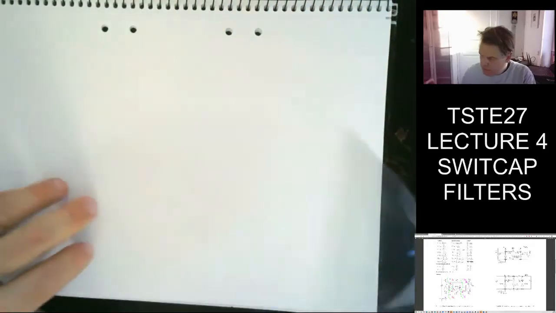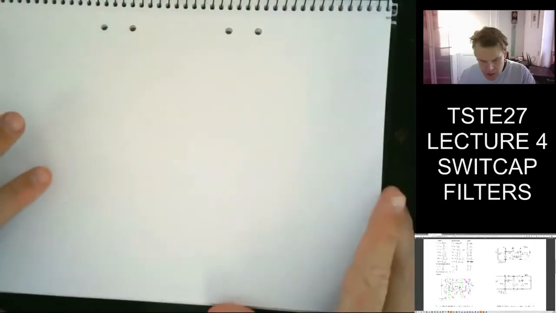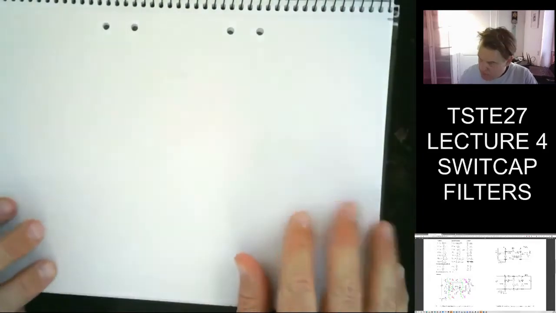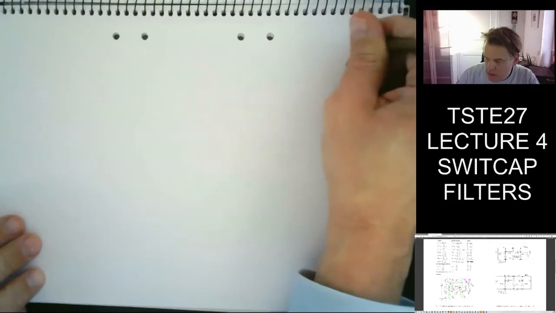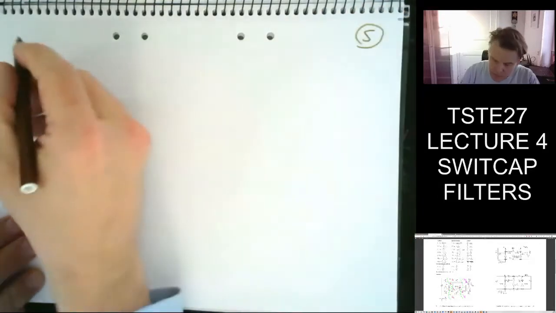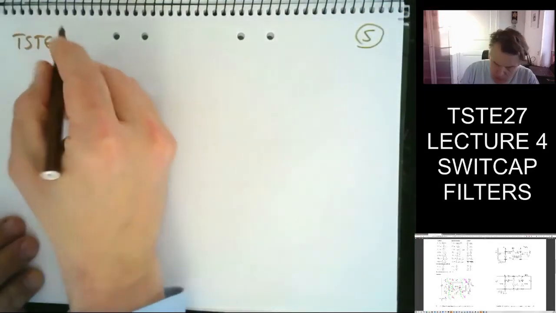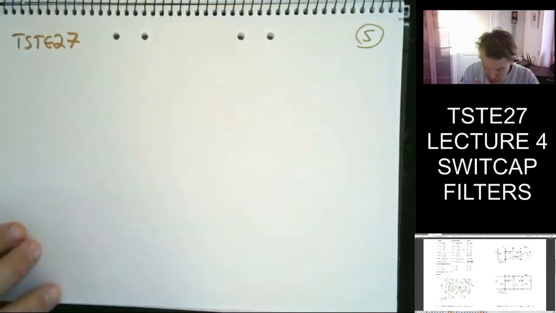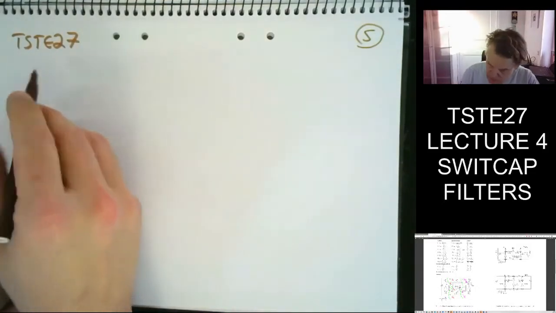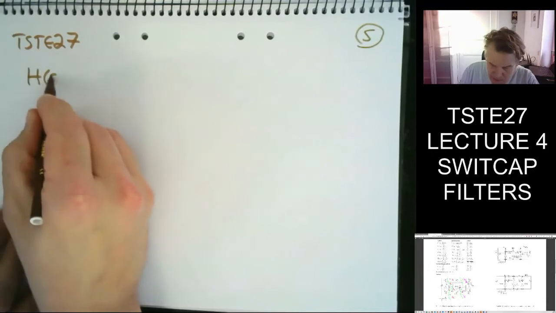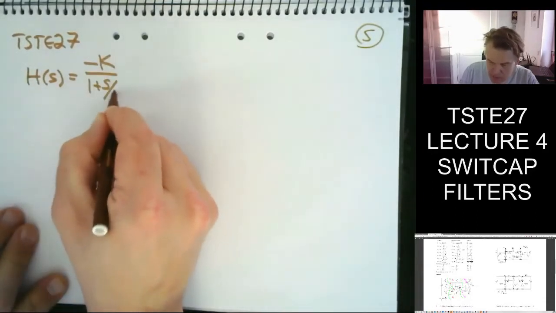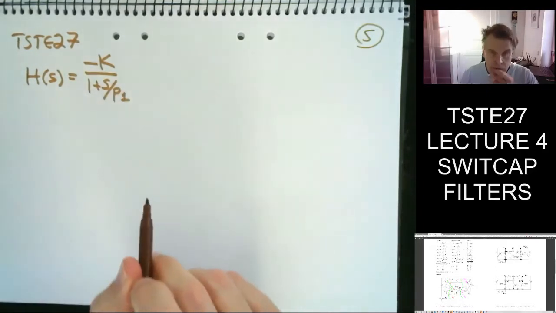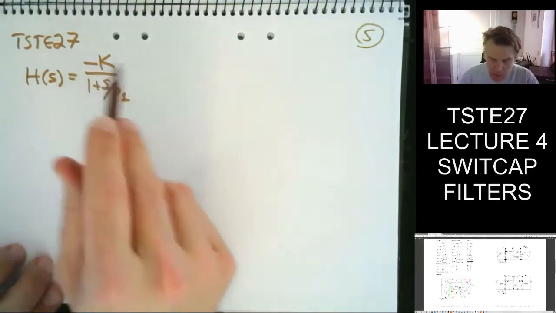Just to put some perspective on that, we can pick an example in the continuous time domain. To some degree it's stating the obvious, but it's good to repeat. Say that H of s should be equal to minus K over 1 plus s over p1. That's a first order filter with a single pole and a certain gain.